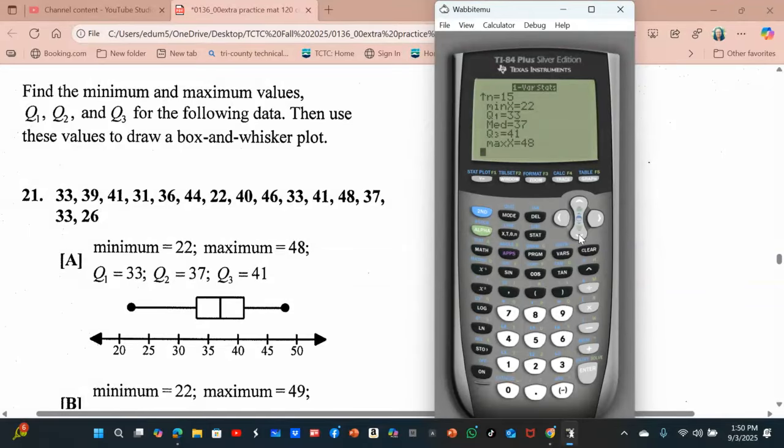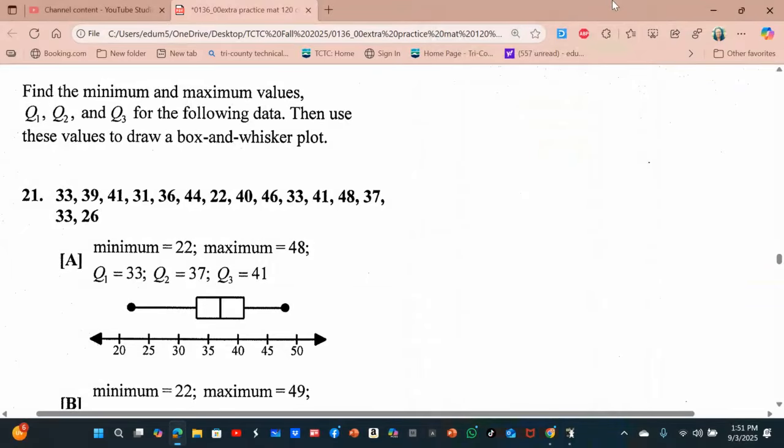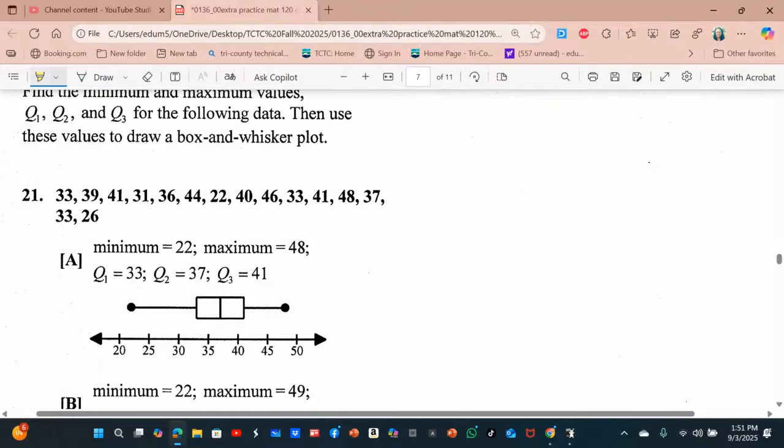We needed the quartiles because we have already found the minimum number and maximum number. Now that I have the 5-number summary, I can draw the box plot, which they asked me to draw. So I'll come over here and draw the box plot.